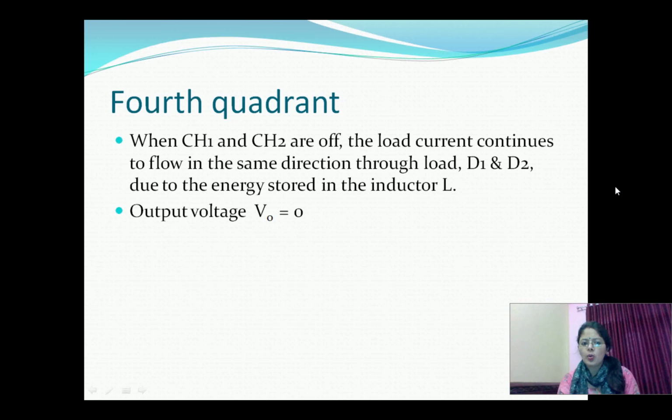Second mode of operation is the fourth quadrant, when CH1 and CH2 are off. In the first case CH1 and CH2 are on, and in the fourth quadrant case, when CH1 and CH2 are off, the load current continues to flow in the same direction through the load and D1 and D2 due to the energy stored in the inductor L, and the output voltage is 0.